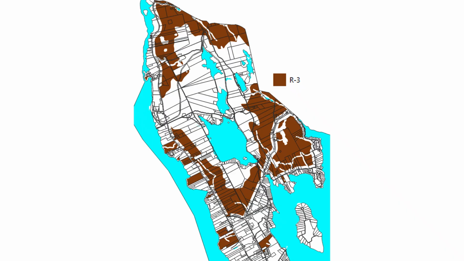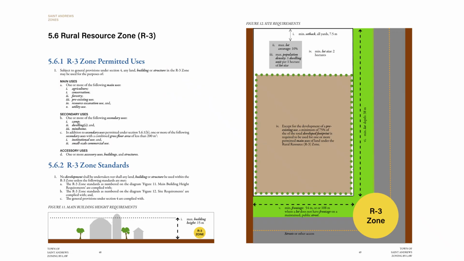The last rural zone is the rural resource zone, which is for low population density, agriculture, forestry, resource development, recreation, utility, and secondary residential land uses. The main uses allowed are agriculture, conservation, forestry, a pre-existing use, if you remember that one from earlier, resource excavation use, and utility use. Secondary uses.